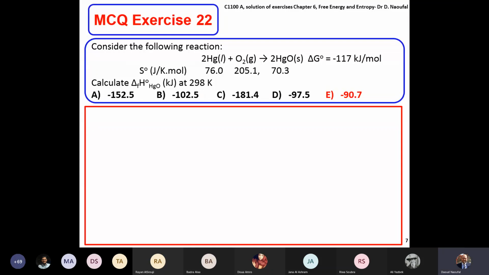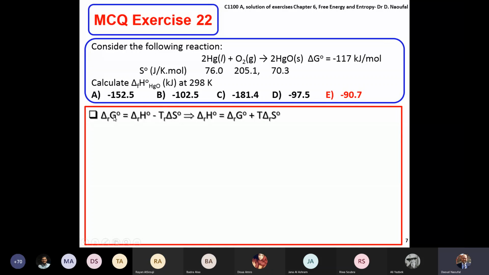We apply the relation delta G0 equal delta H0 minus T delta S0, and the temperature is given, 298. So we can find delta H0 of this reaction. Then we apply Hess law. Delta H0 of the reaction is equal to the formation of products minus reactants.